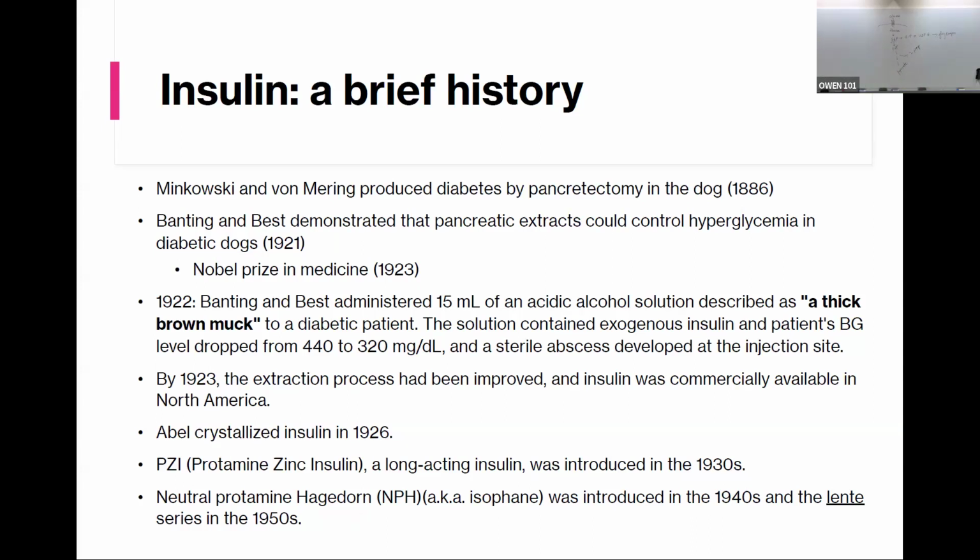The one that has been used for a long time is called NPH, neutral protamine Hagedorn. Hagedorn is the name of the guy. They put protamine in there, and neutral relates to the pH, so they make it neutral.